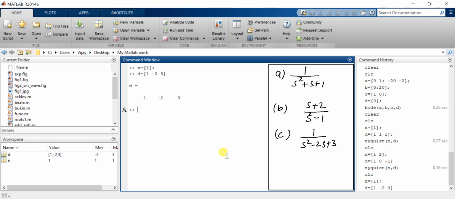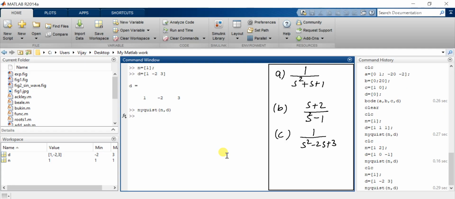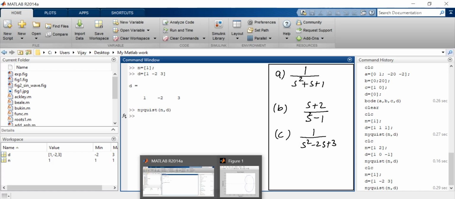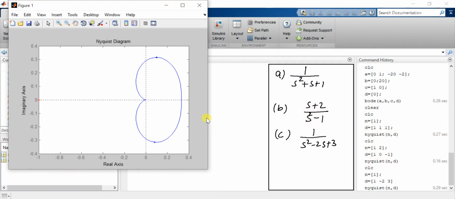Let's try to make its Nyquist plot. You have to write nyquist and pass these two matrices n comma d. When you hit enter, this will give you the Nyquist plot of this particular system. So I hope Nyquist plot is clear to you.